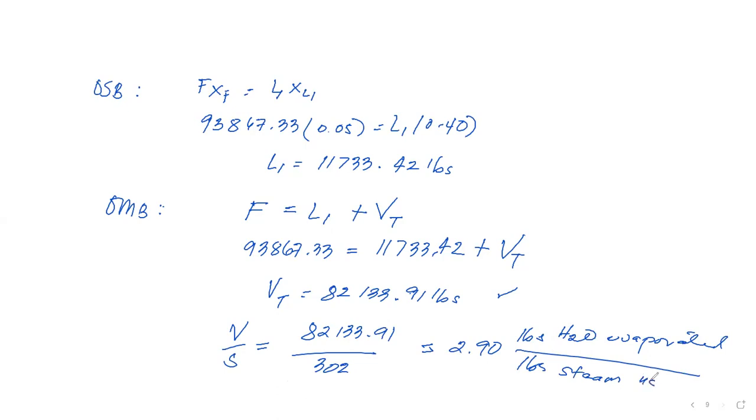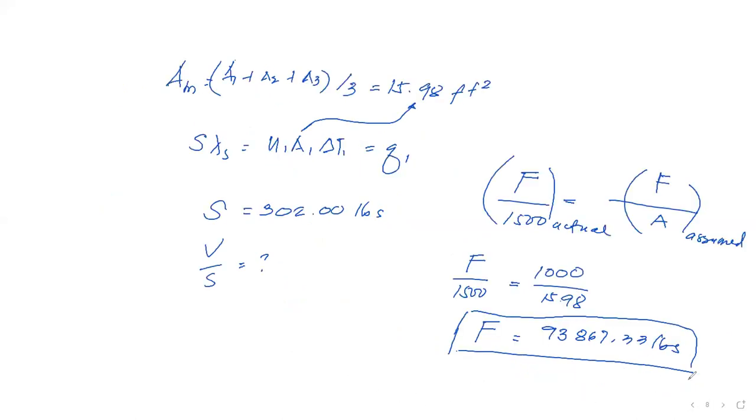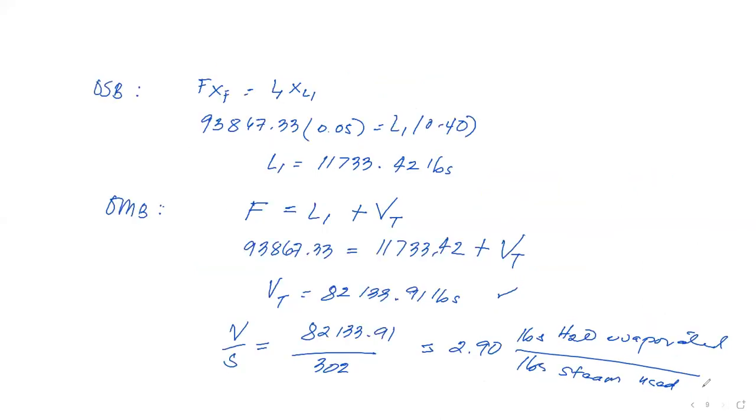So this is showing you how economical your system is, because for every pound of steam that you use, you're able to evaporate 2.9 pounds of water, which is really economical. So for this problem, this is your answer for the feed, and this is your answer for the evaporator economy.